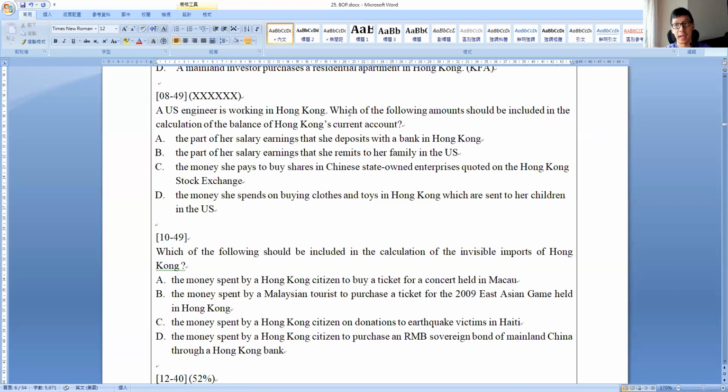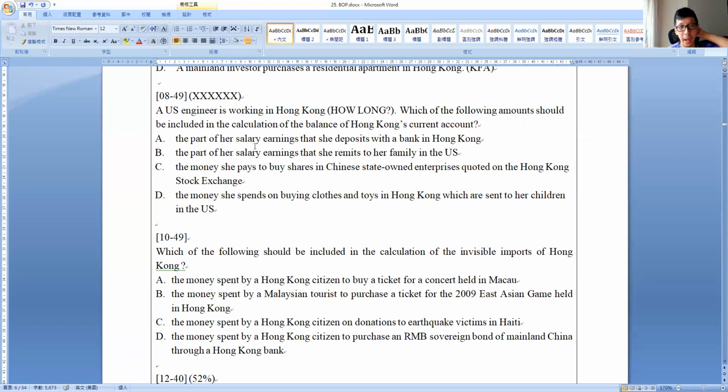The thing is, how long has she been working in Hong Kong? This is my question. For how long? 佢喺香港做咗幾耐嘢啊？If she works for over a year, then she will be counted as a Hong Kong resident. But if she works for, let's say, 2 months, then she will be counted as a US resident. Therefore, you already see the problem here, right?